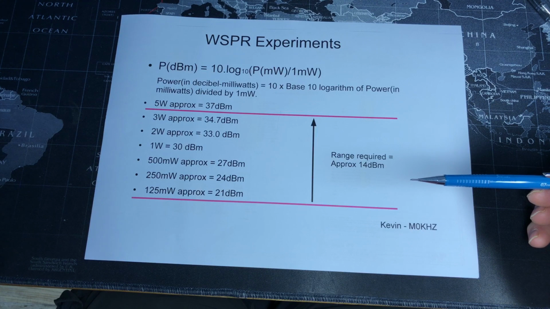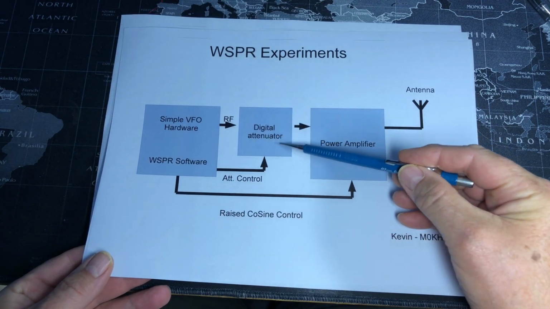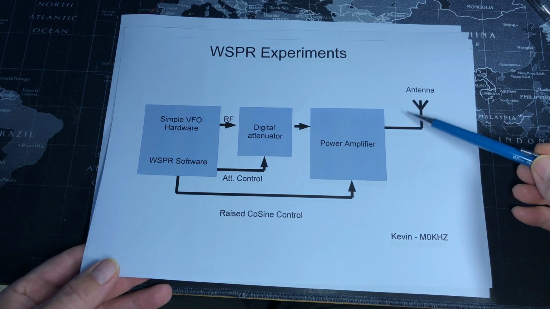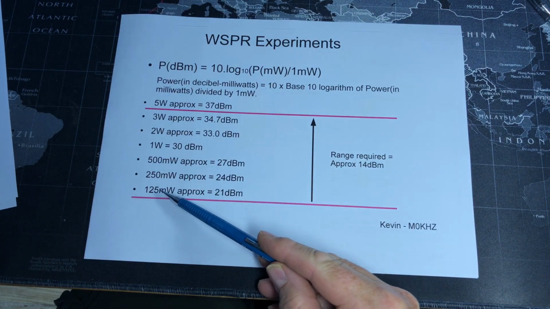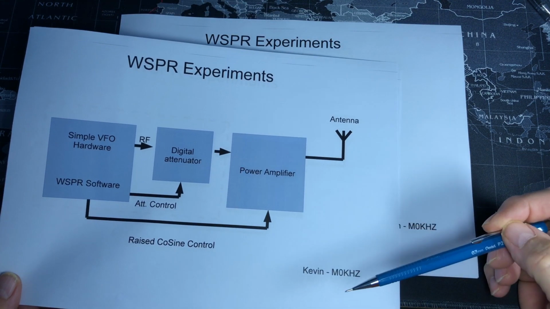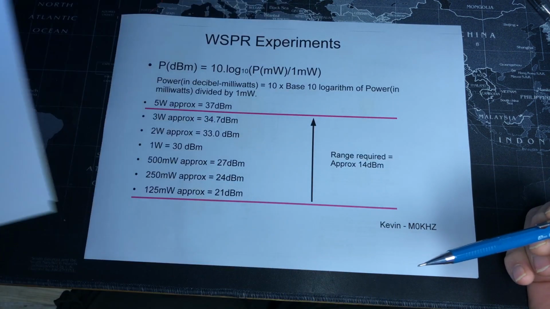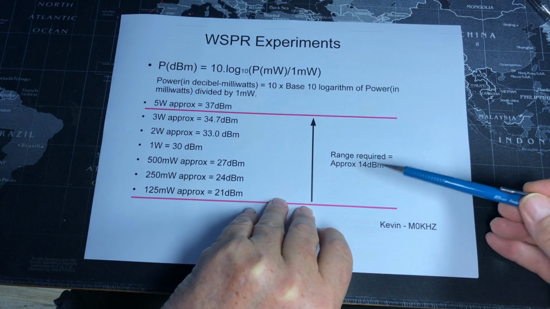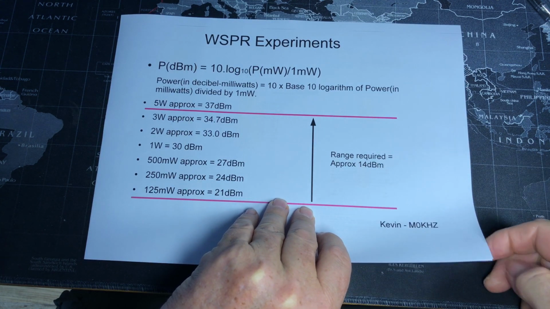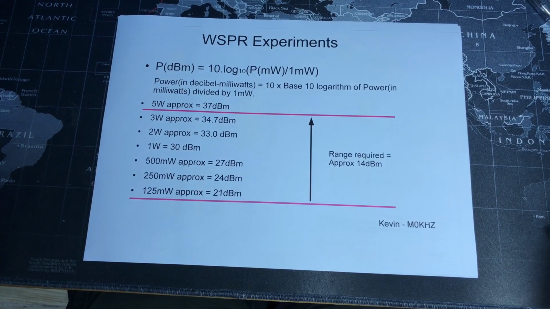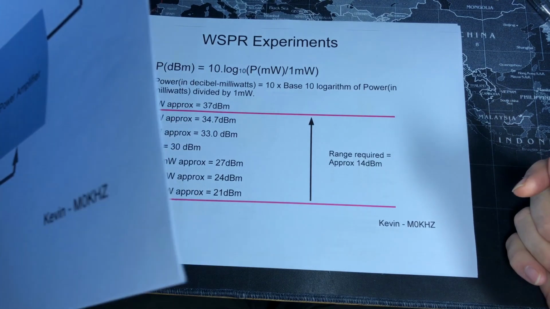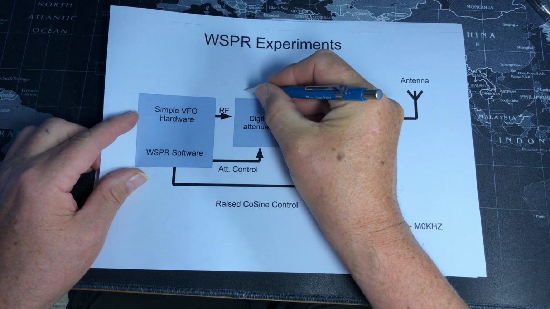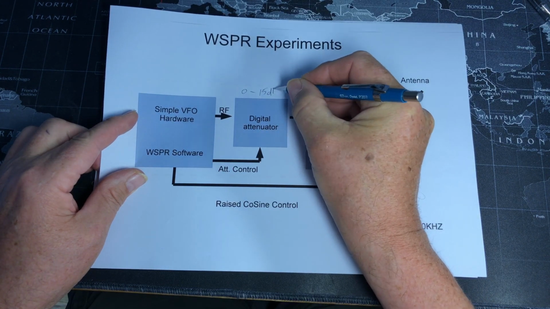Now the control here will then vary the output to the range that I'm looking at for the final output power to the transmitter. So we've got our range, so the attenuator needs to cover 0 to at least 14 dBm. Okay, so we want a range of between 0 to say 15 dBm.